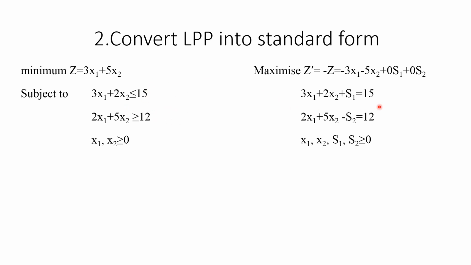So what we did here, we introduced our slack variable plus s1, which is equal to 15. And the next equation, which is greater than equal to type, so we subtract a variable over here and it will become equal to type function. And all variables x1, x2, s1, s2 are greater than equal to 0.